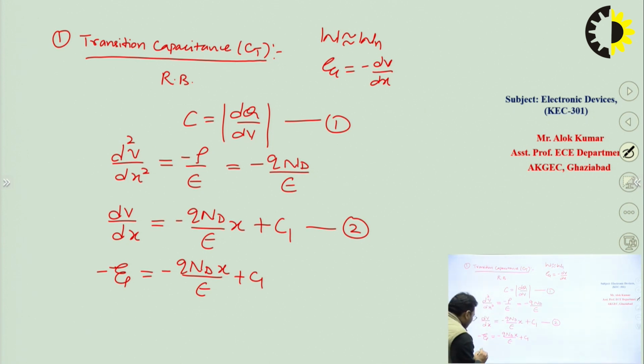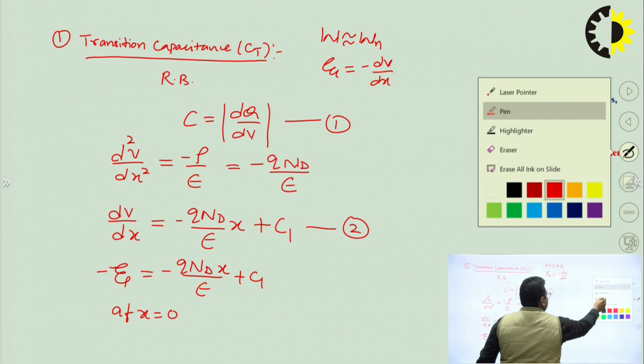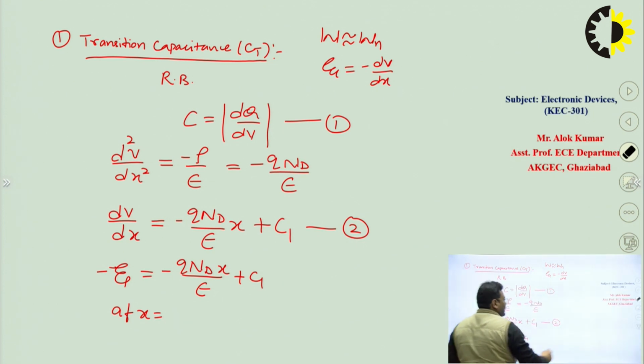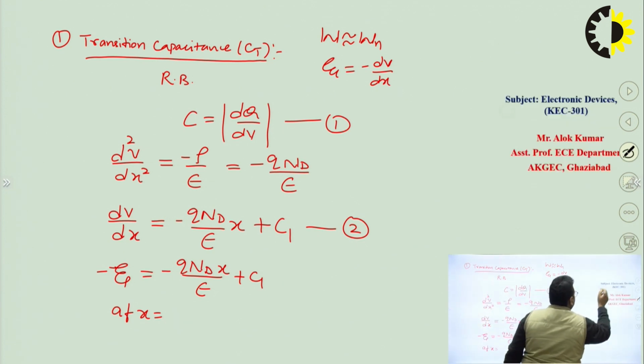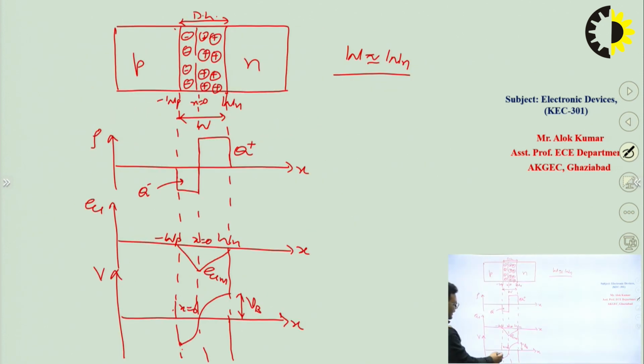Now at x is equal to Wn, first we will take x is equal to Wn. At x is equal to Wn, this electric field is 0. Here we can see that at x is equal to Wn, the electric field is 0, right?